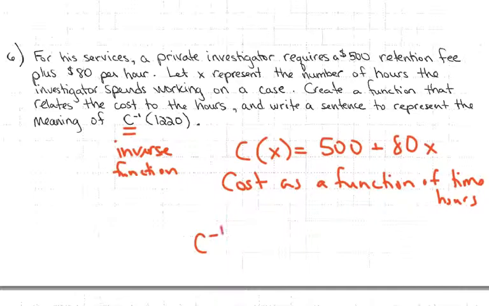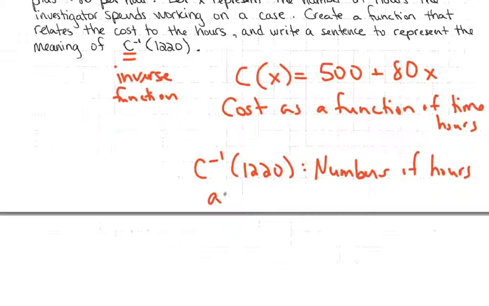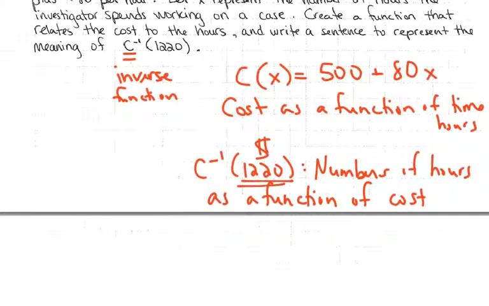So the inverse is going to be the number of hours as a function of cost. It basically says if you're charged $1,220, how many hours will you have worked?